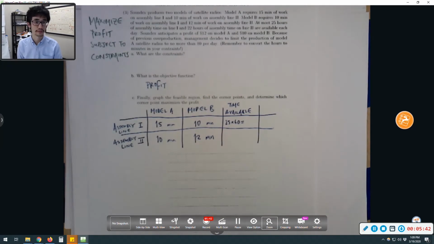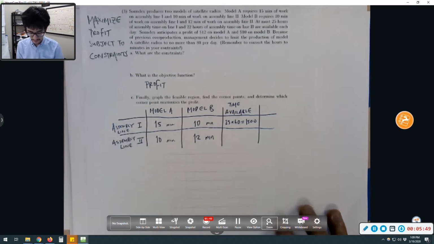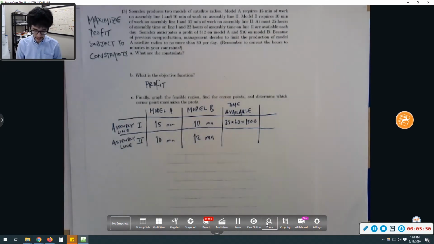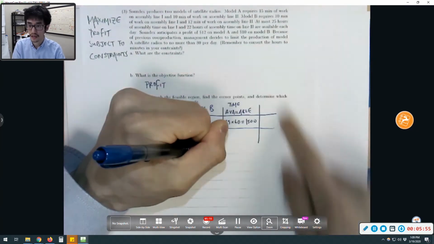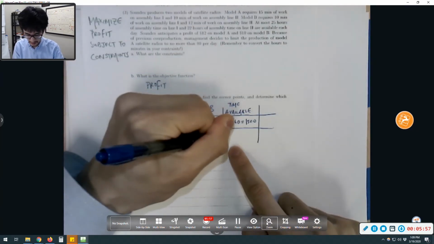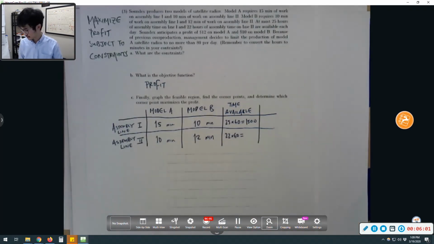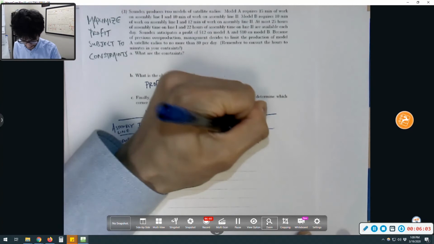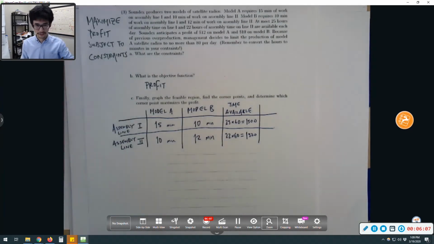So 25 times 60 is 1,500. Then 22 hours available on assembly line 2, so 22 times 60, and I don't remember what that is. I think it's 1320. I should find a calculator so I can do some of these calculations.